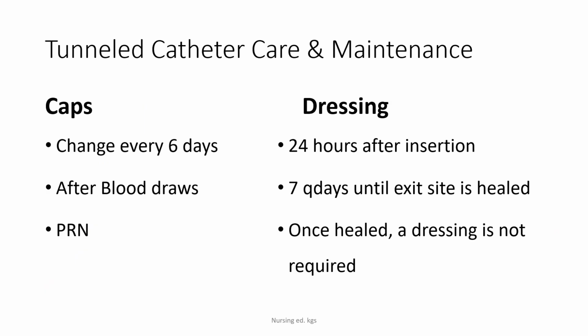For tunneled catheters, the caps will be changed every 6 days after blood draws and PRN by the hemodialysis nurses. In terms of dressing, the dressing is changed 24 hours after insertion and then every 7 days until the exit site is completely healed. And once it is healed, a dressing is normally not required.